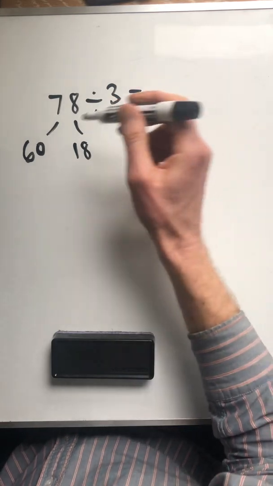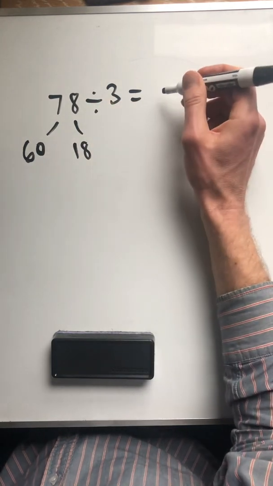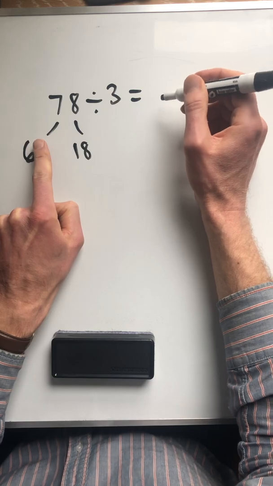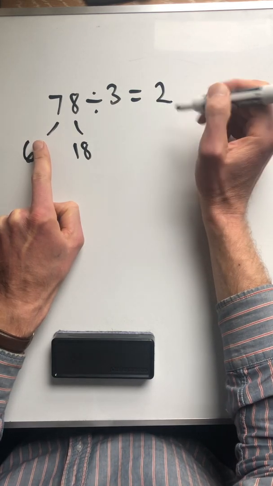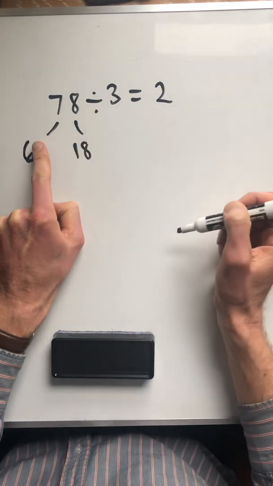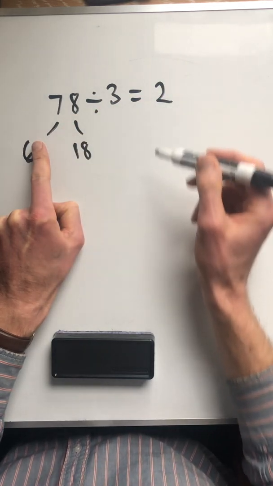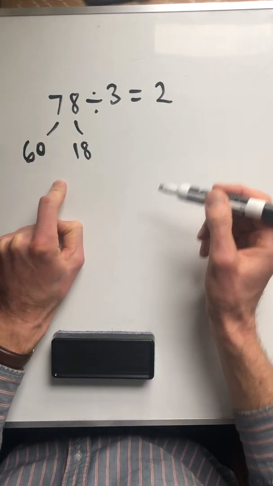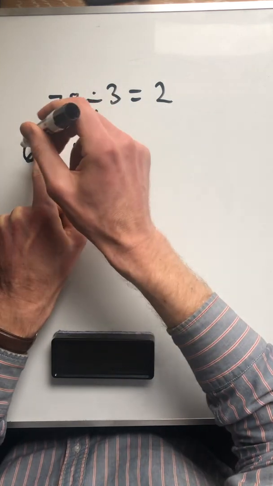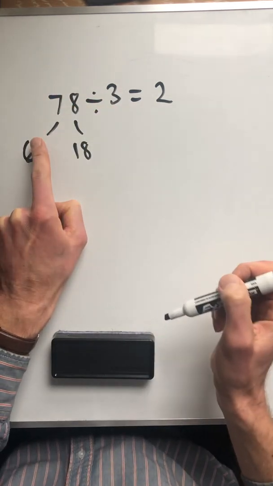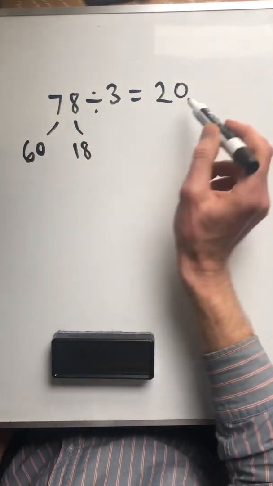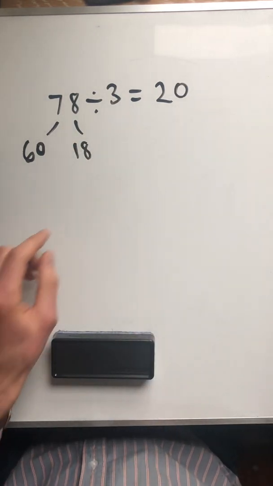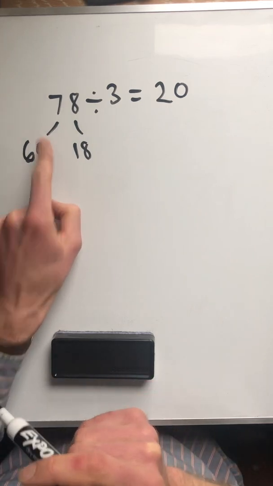Now we can divide 60 by 3, which is, well, what's 6 divided by 3? 2. Because 3 times 2 is 6. But we're not just talking about 6 ones, we're talking about 6 tens, 60. So I just put the 0 right there. So 60 divided by 3 is 20. 6 divided by 3 was 2.